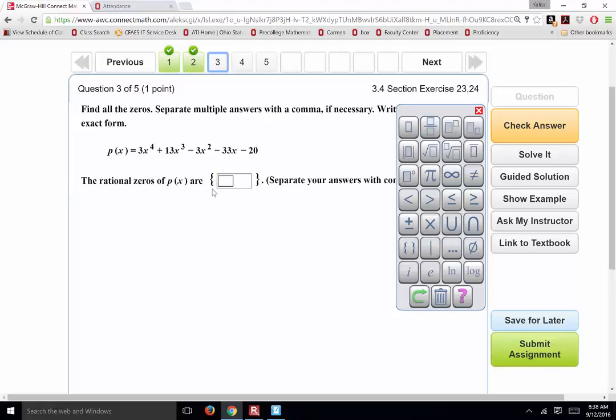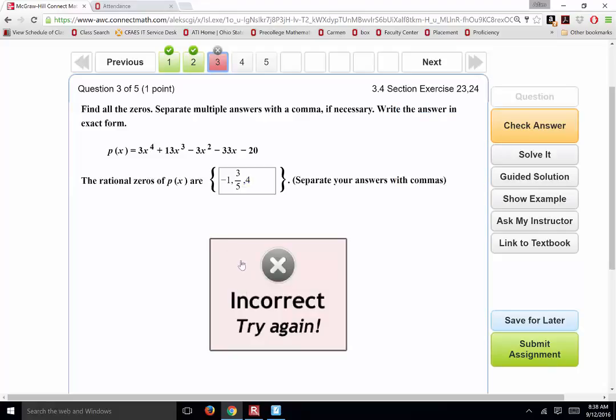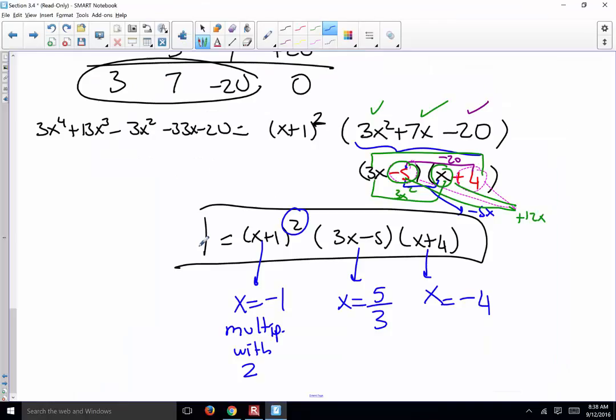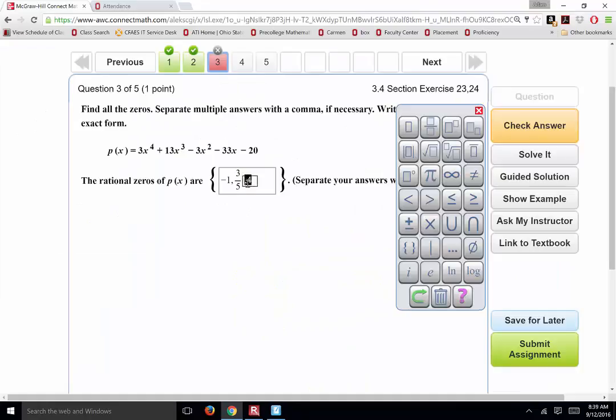Rational zeros are minus 1, 5/3, and negative 4. It's 5/3. Okay, thank you.